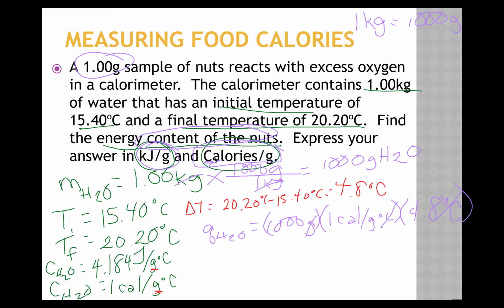Degrees Celsius cancel out, grams cancel out, and we have 1,000 times 1 times 4.8. That gives us 4,800 calories.